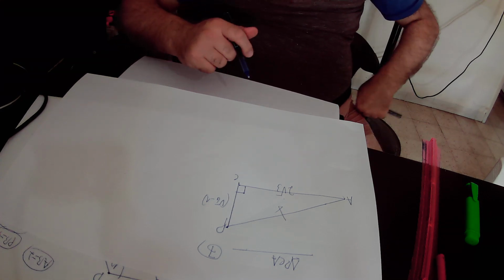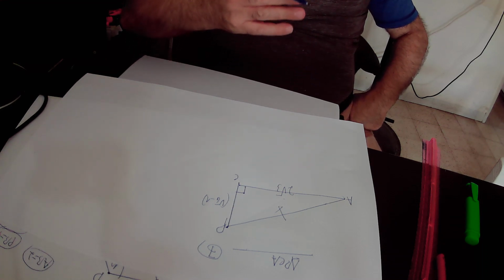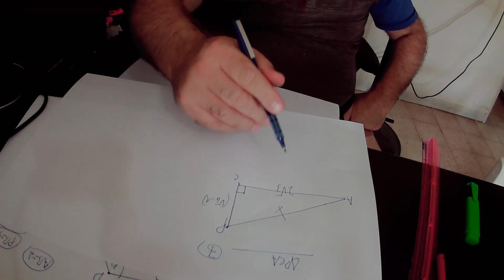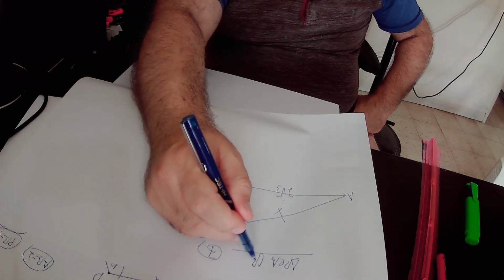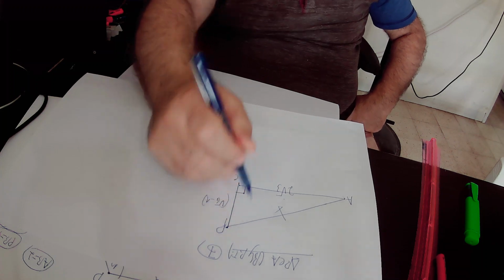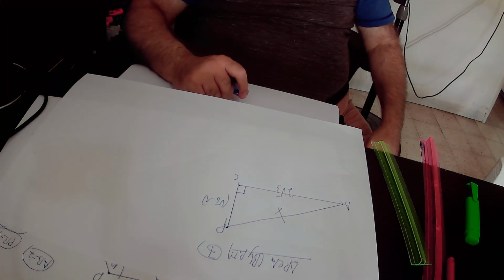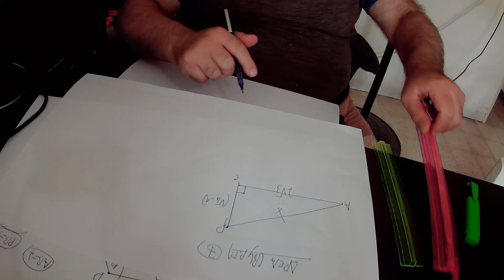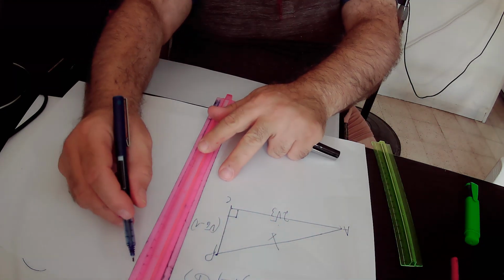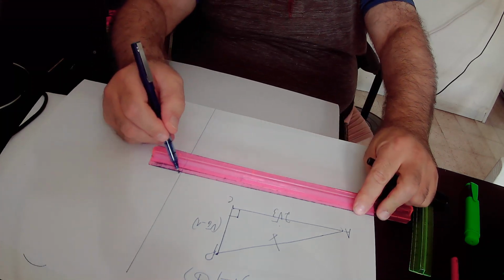So we will implement here the Pythagoras theorem in order to find out the value of x, that is the value that we are looking for in this question. Here PT is the abbreviation for Pythagoras theorem. According to the Pythagoras theorem, in any right triangle, the square of the hypotenuse equals the sum of the squares of the perpendiculars.